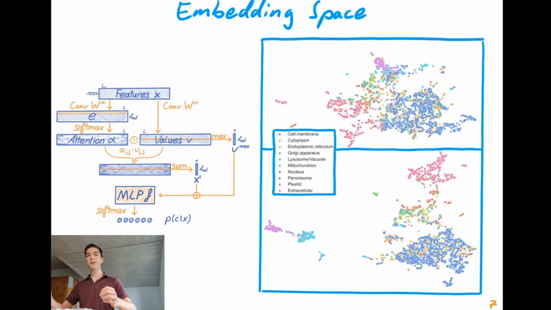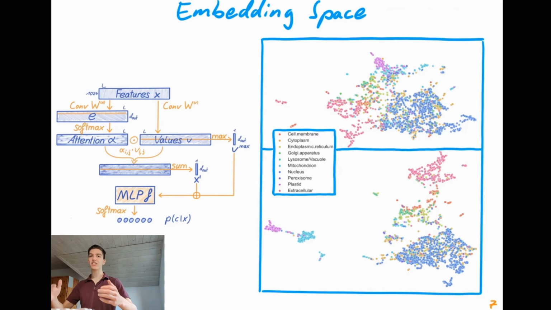Now, let me quickly summarize our method. We first train these language models on large amounts of sequence data. Then we use this language model to obtain very expressive representations for any sequence that we like.